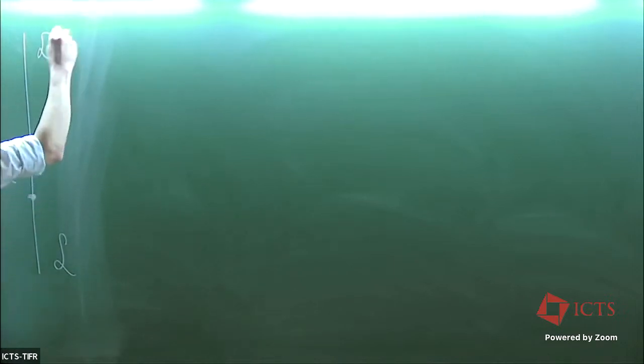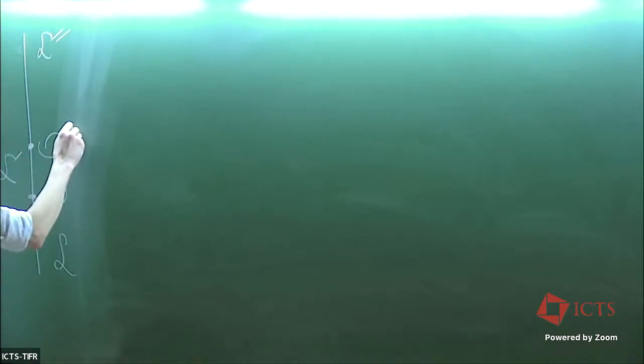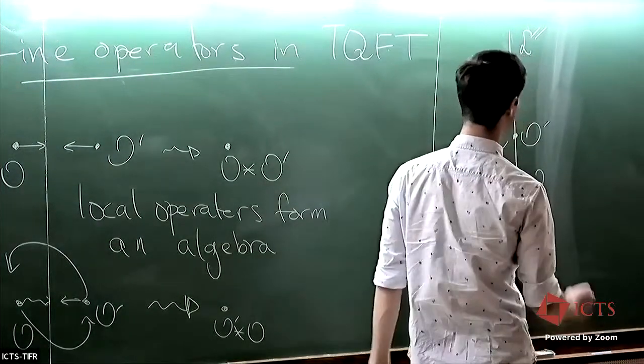And if I had three line operators, L, L prime, and L prime prime, I could have local operators sitting at their junctions. And these will be two morphisms in my category: one morphism that goes from L to L prime, another that goes from L prime to L prime prime.